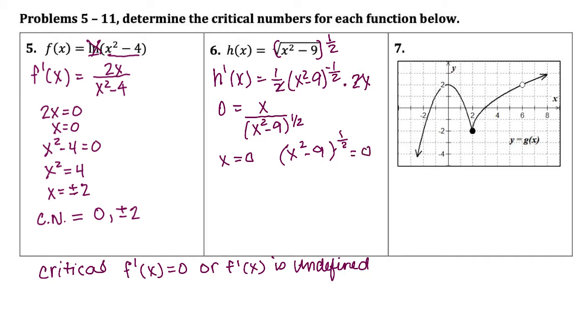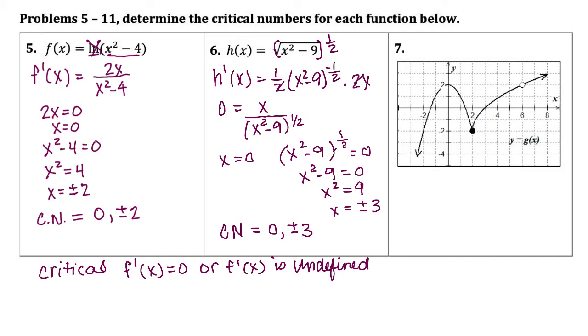We would square both sides, so that gives me x squared minus 9 is 0. And then x squared equals 9. And then x is plus or minus 3. So our critical numbers for this one, it's going to be 0 and then plus or minus 3.